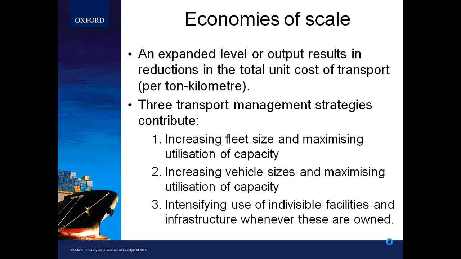Transport management strategies that contribute are increasing fleet size, increasing or maximizing utilization of capacity, increasing vehicle size and maximizing utilization of capacity, then intensifying use of indivisible facilities and infrastructure whenever these are owned. So these are some of the very important strategic contributions when we talk about economies of scale, that is, contributing to the spreading of fixed costs over extended output.